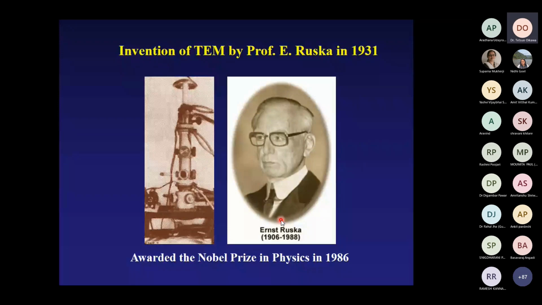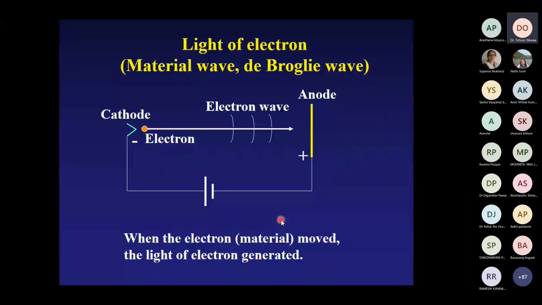In the electron microscope, instead of visible or optical light, electrons are applied. But as you know, an electron is a charged particle. Why does the electron give a wave in the microscope?